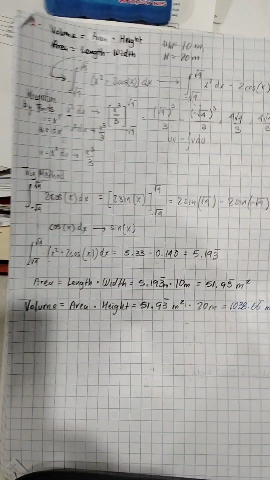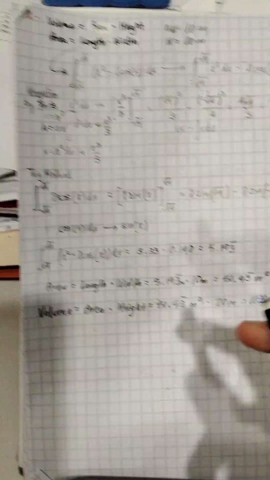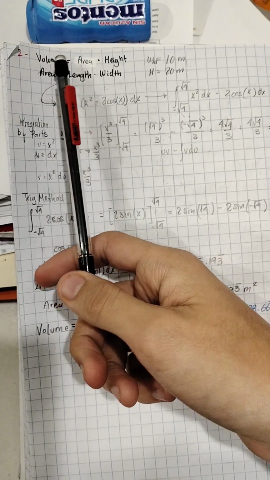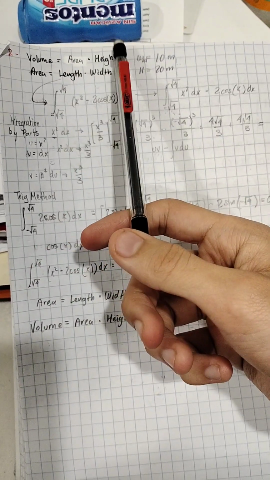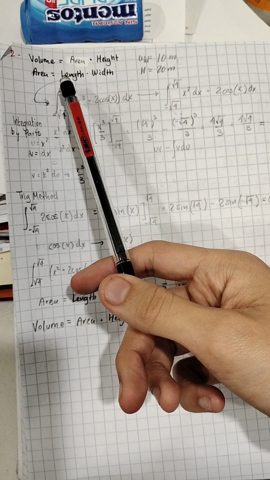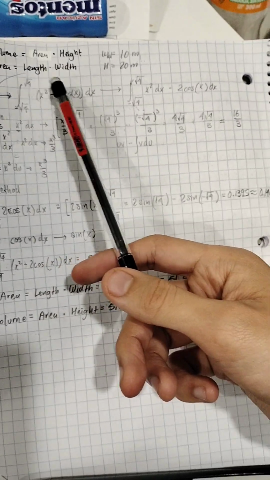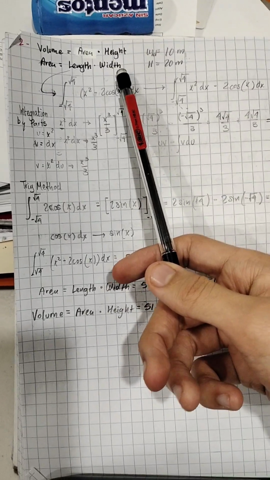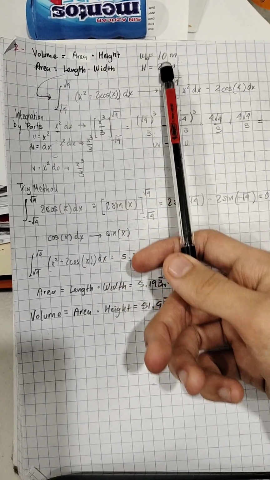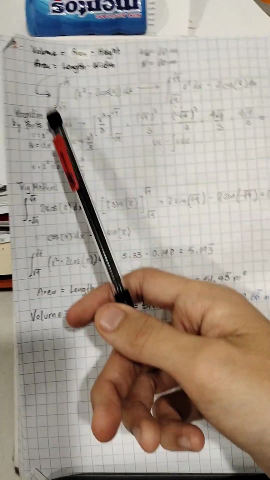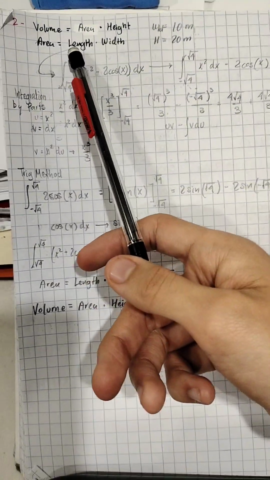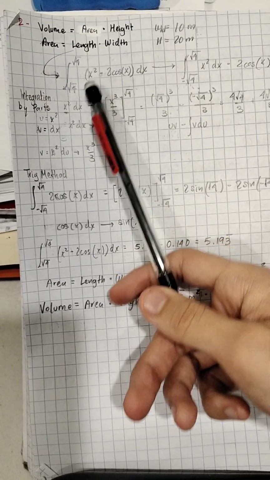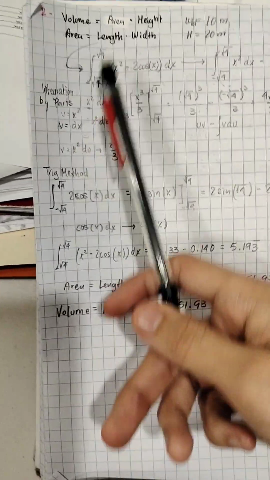So the formula of volume is area multiplied by height, and area is equal to the length multiplied by the width. We have the width, which is 10 meters, and the height, which is 20 meters. We know that for the length we have an equation, so an integral for that.